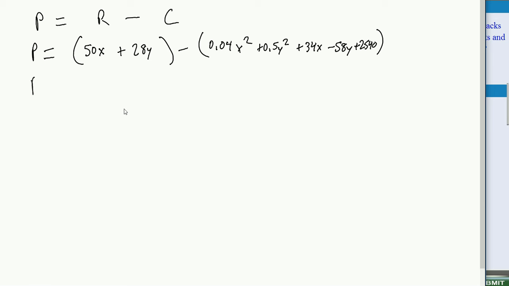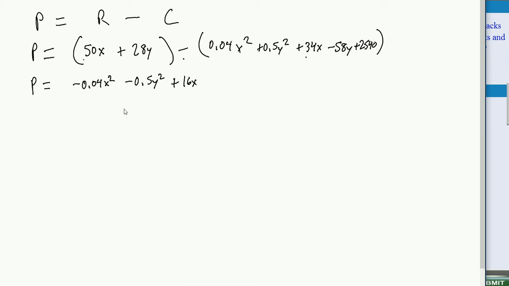Okay, let's simplify here before we start doing derivatives. I like to do my x squareds first, so negative 0.04x squared. Then I'm going to do my y squareds, negative 0.5y squared. Let's do our x's. 50x minus 34x is going to be 16x.